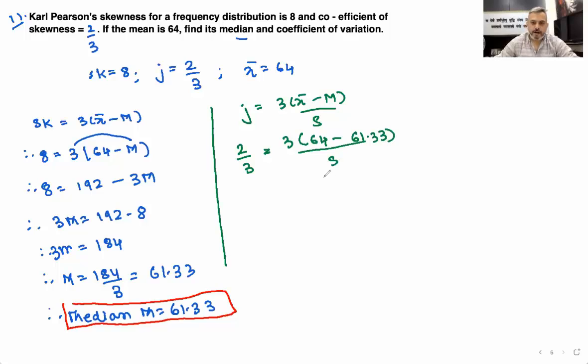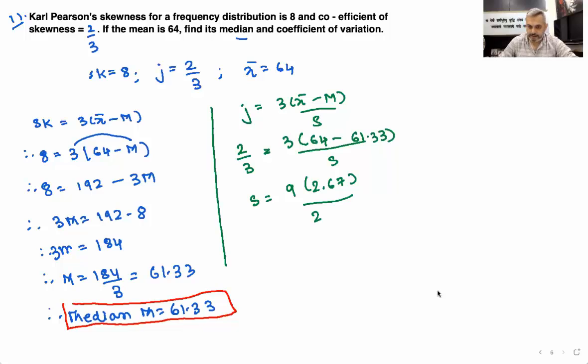upon S. Now we'll take S over here, cross multiply. So 3 3s are 9, 9 into (64 minus 61.33), which is equal to 2.67, upon 2.